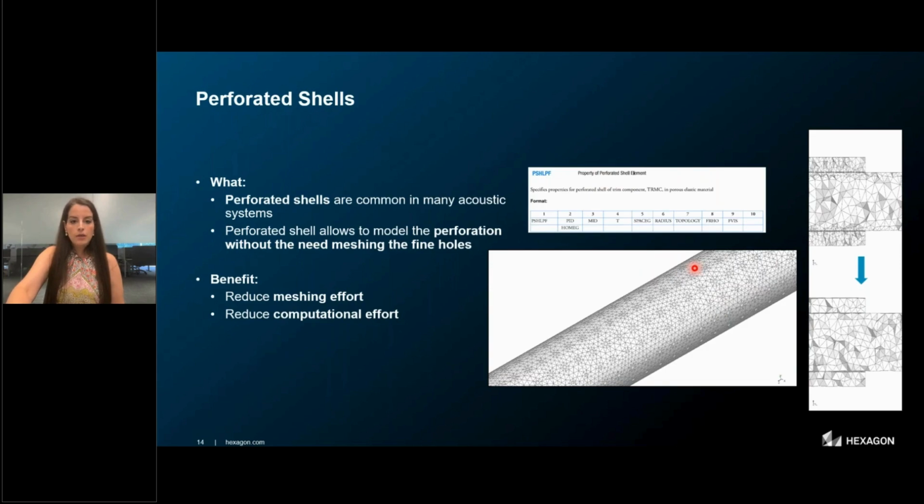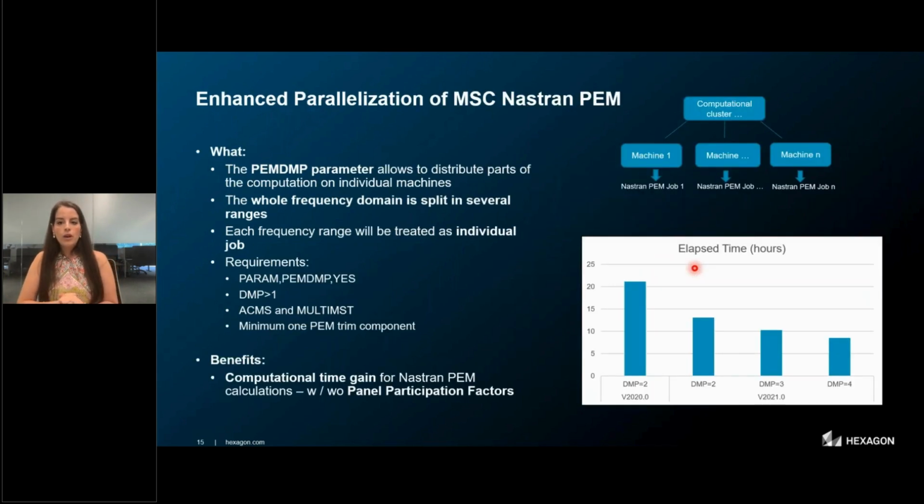Talking about that, I'm going to move on to how we can optimize the computational times for PEM calculations, and then I'll pass it over for the live demo. You see over here the PEM DMP parameter highlighted. Essentially, this parameter allows you to distribute parts of the computation across multiple machines.